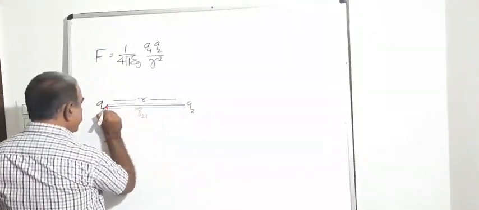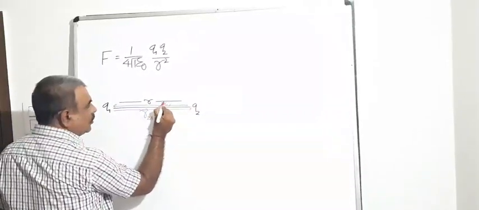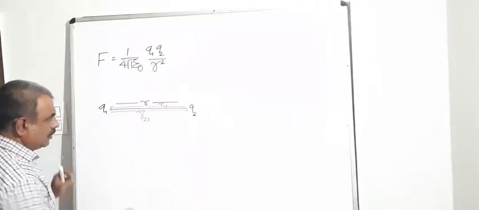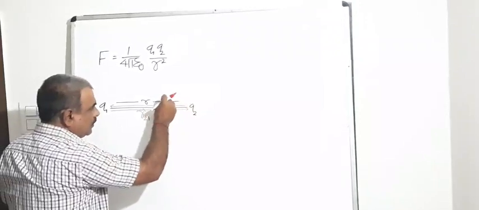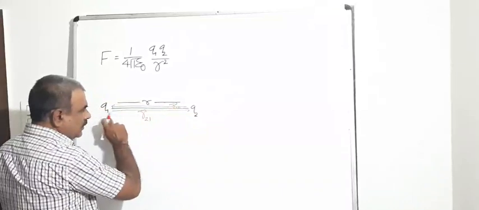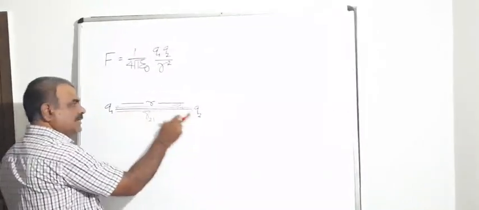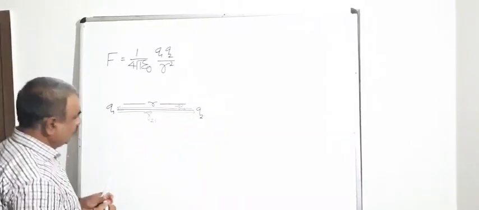Similarly, this represents R12, the position vector of 1 with respect to 2. Tail is towards 1, head is towards 2 for R21. So this is 1 with respect to 2.